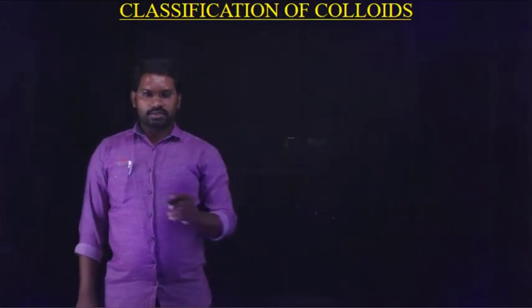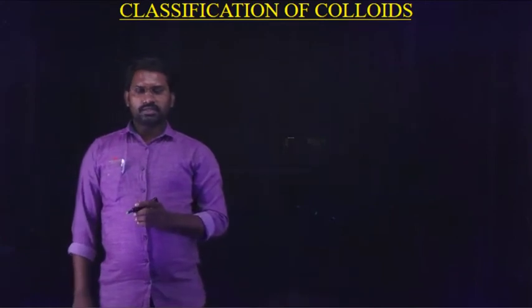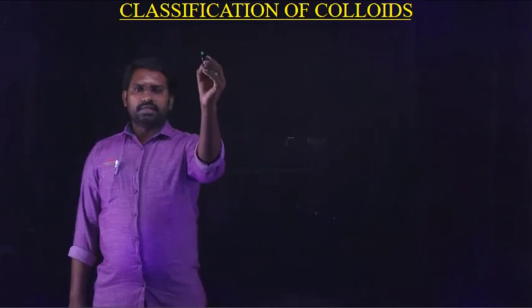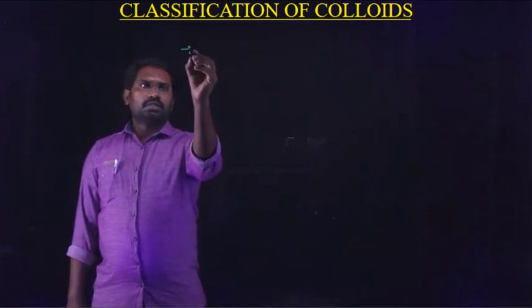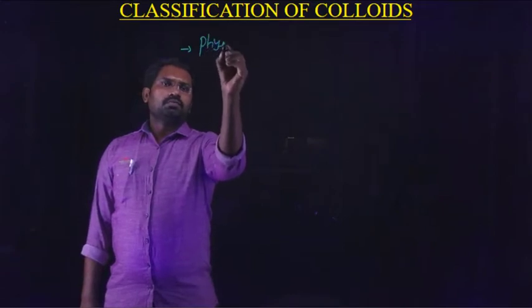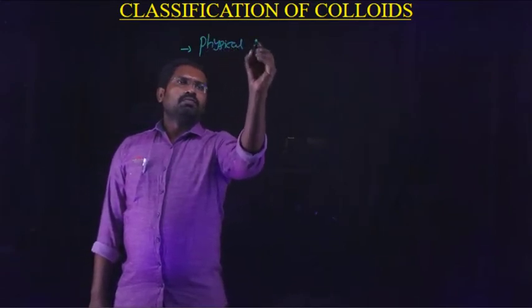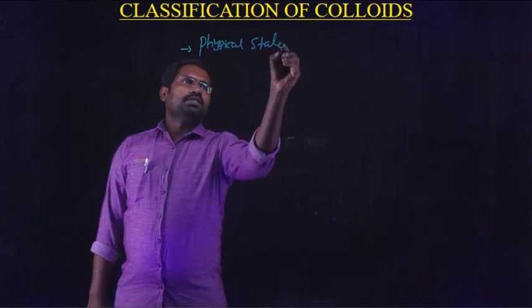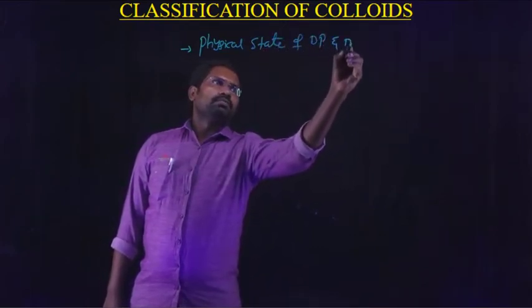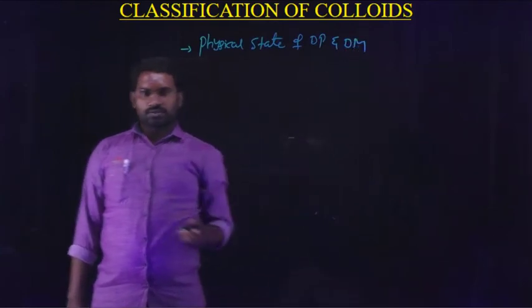Classification of colloids. Colloids may be classified into 3 categories. The first one is based on the physical state of the dispersed phase and dispersion medium. This is our first classification.